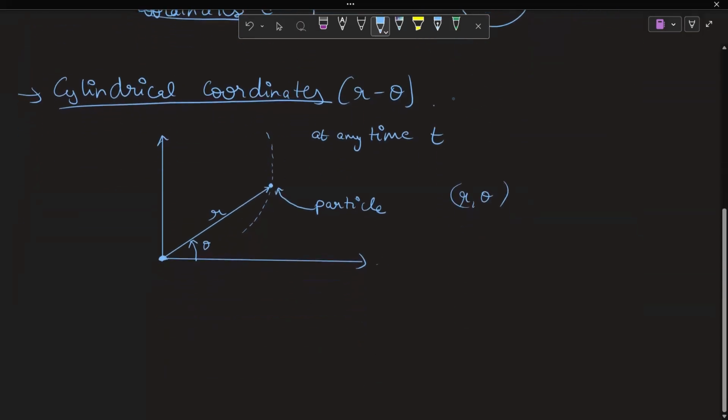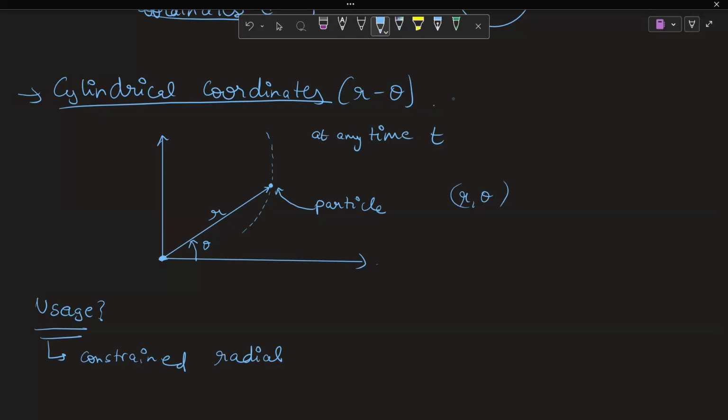Now, when will this be useful? When to use this? Use this when a motion is constrained or through a radial direction, which means it is following a path, basically a circular motion only.